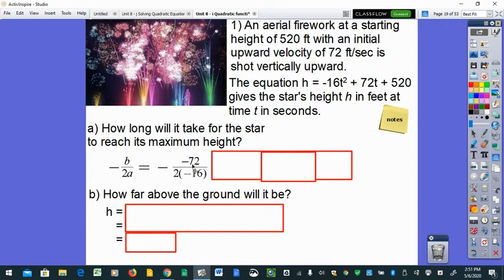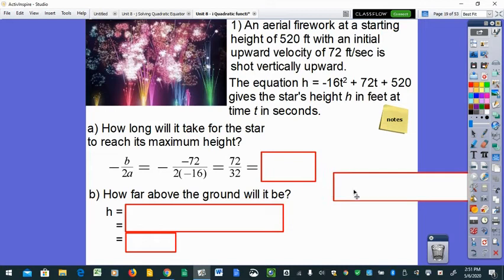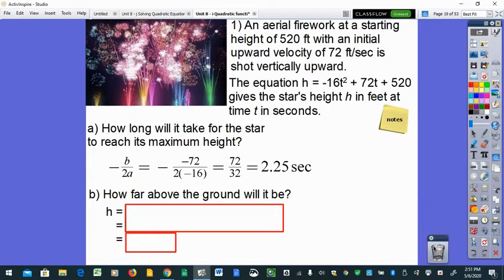Negative 72 over 2 times negative 16 is negative 72 over negative 32, but the two negatives cancel out. I'm going to pick up my calculator and divide 72 by 32, and it's going to take 2 1/4 seconds, 2.25 seconds. That firework is at its highest point and will explode.